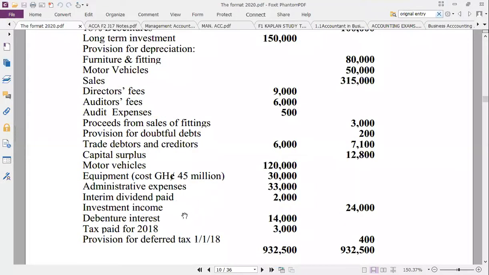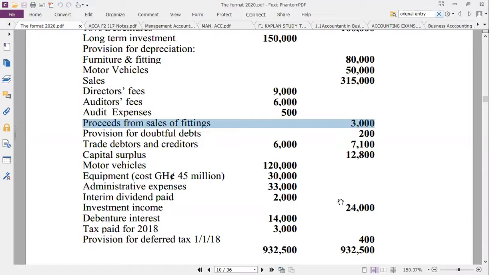Another one, the other income, says include investment income. So there's investment income here, 24,000. Therefore, the other income in this trial balance is worth 3,000.